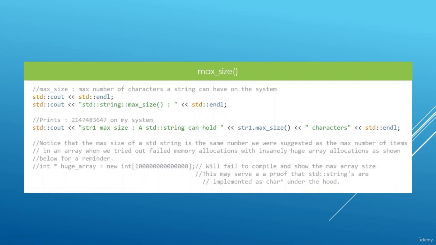And an interesting thing to see is that this number is surprisingly similar to the number we can't really go over in a character array. And again, this is a hint that std string is really using a character array underground. We just have a nice interface on top of it to be able to do things we do with std string here. But on the inside and in memory, it is just a character array. And this is pretty cool.